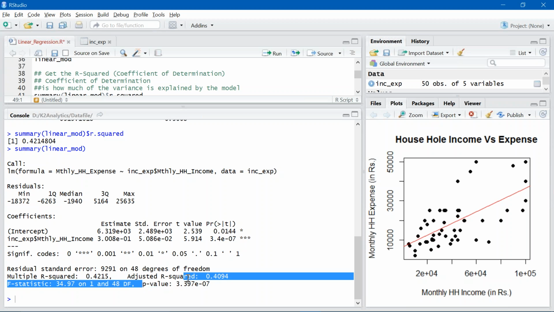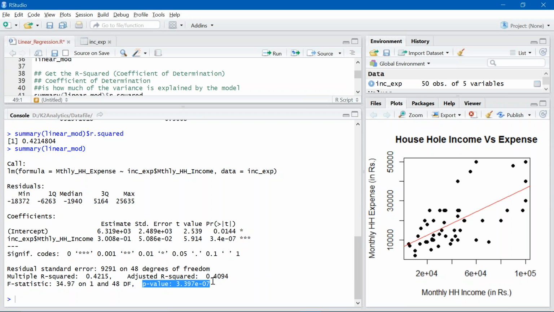Now p-value. What is p-value? P-value comes in hypothesis testing. So let's understand what is hypothesis testing. In hypothesis testing, you are trying to validate a hypothesis. Now, the hypothesis here was that expense is a function of income.